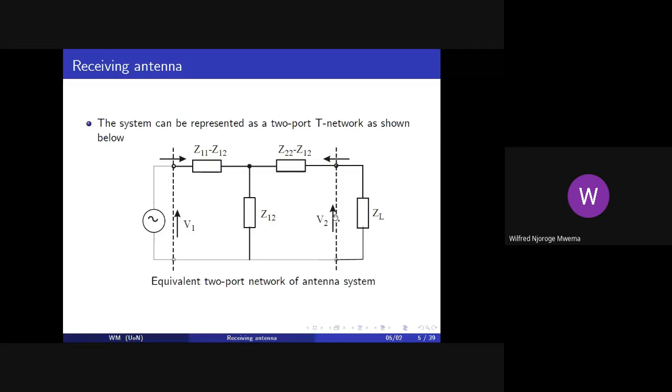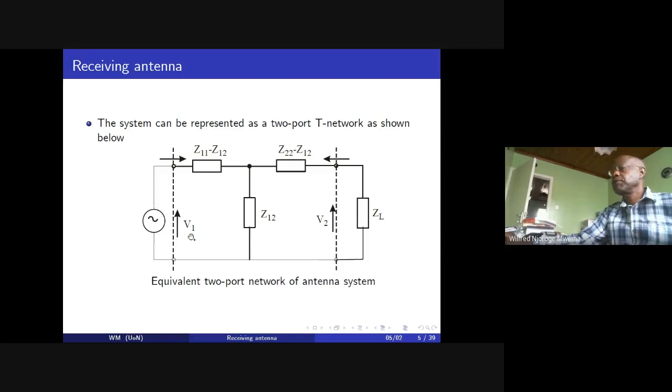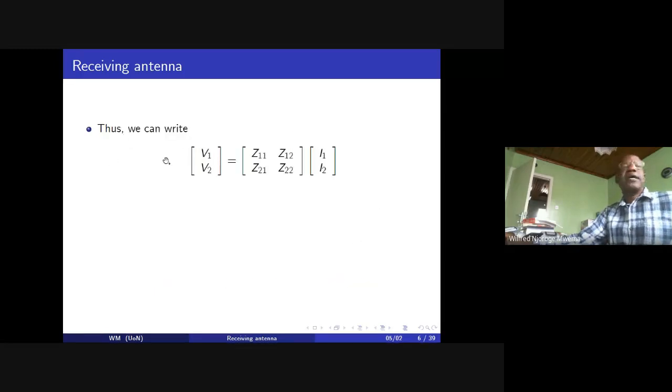V1 and V2 are the voltages at the ports, and ZL is the terminating load. Now we can write V1, V2 as the impedance matrix multiplying the currents I1 and I2. I guess in the diagram I've forgotten to label the currents. I'll correct this.